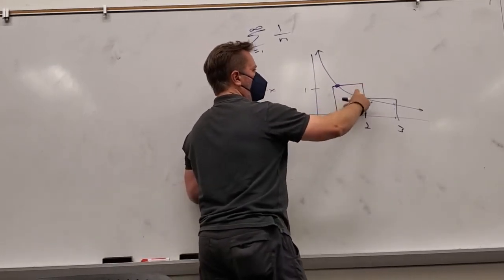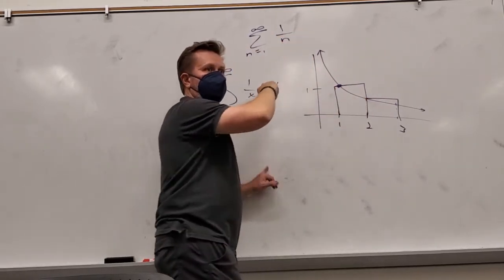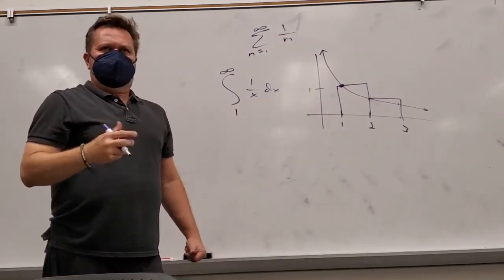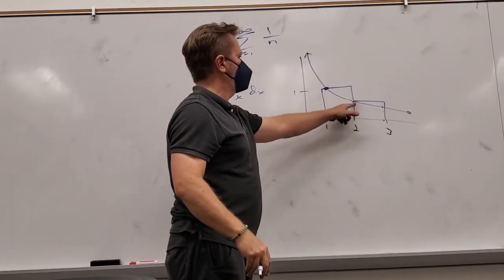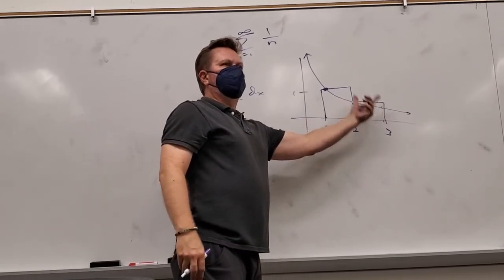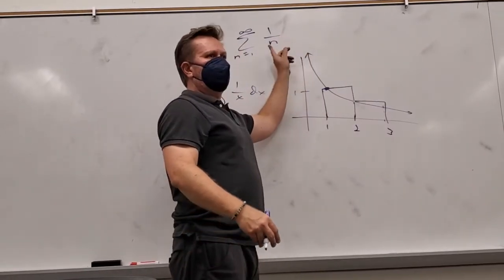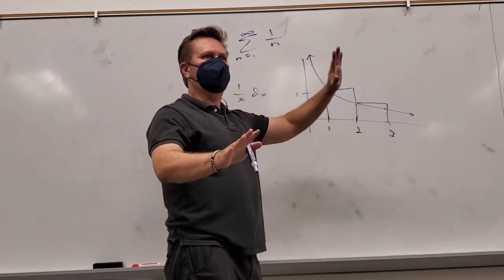The area of this rectangle is equal to the first element of this. Does that make sense? Because this is 1 over 1. The height here is 1 over 2, right? So the area of this rectangle is equal to the second sequence element of this. Are you guys with me?